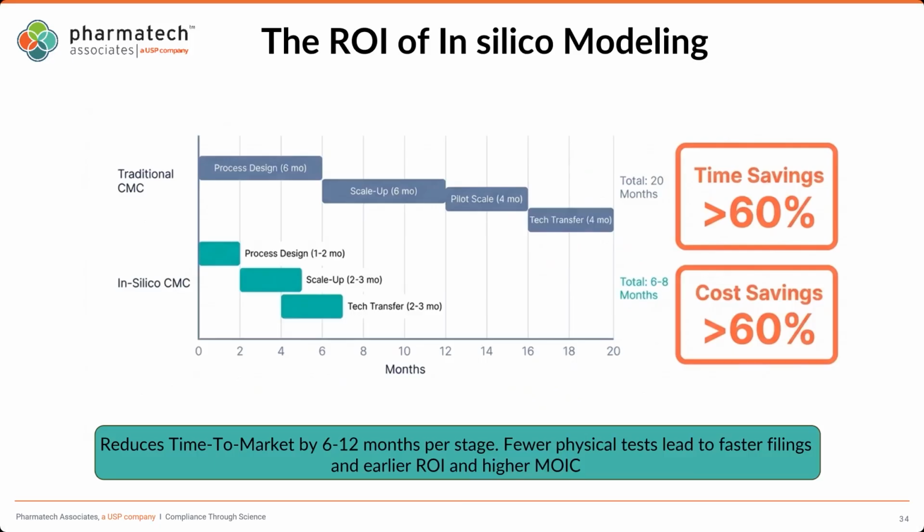On average, we have seen 30 to 40% consistently, but it's not unusual to see greater than 60% time savings, greater than 60% cost savings associated with coming up with a final process design space and control strategy, which is defensible with robust parameters and underlying science, which is backing up your final arguments in module 3.2S and 3.2P.